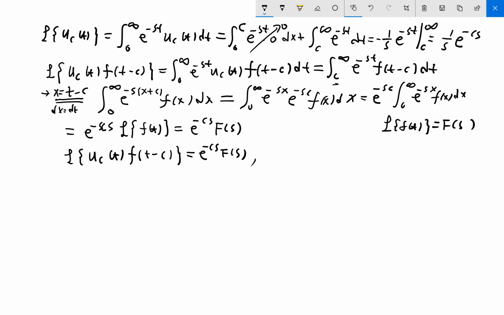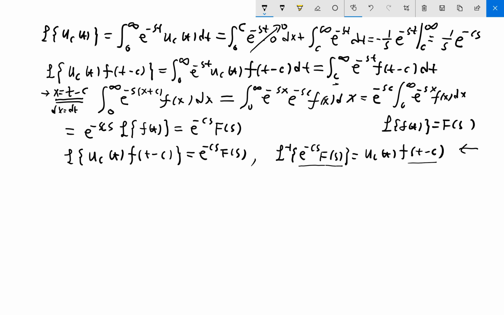And whenever we got a formula, we'll always get a two. This means the inverse Laplace transform of e to the negative cs F(s) is equal to u_c(t) f(t minus c). Okay, this formula is important. What does this formula mean? If you're looking for the inverse Laplace transform of this whole thing, just find the inverse Laplace transform of capital F(s), which is small f(t), then shift it.